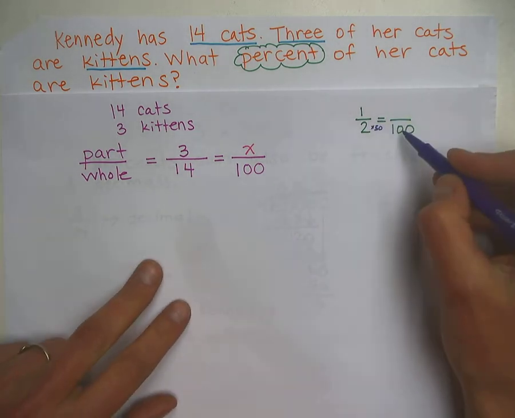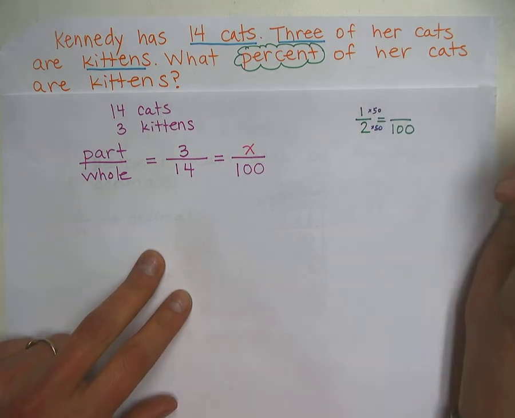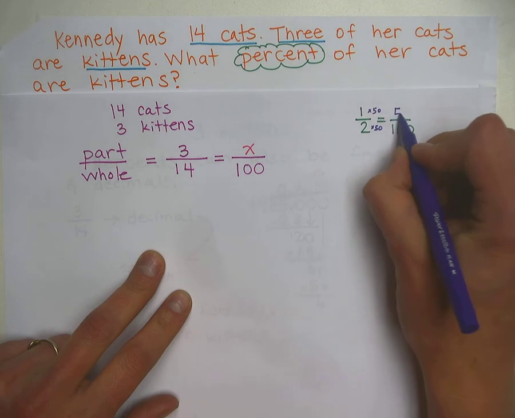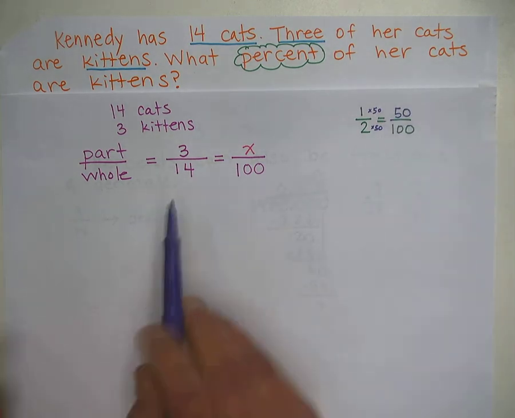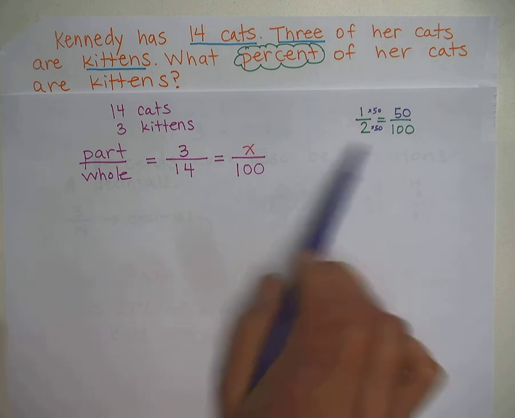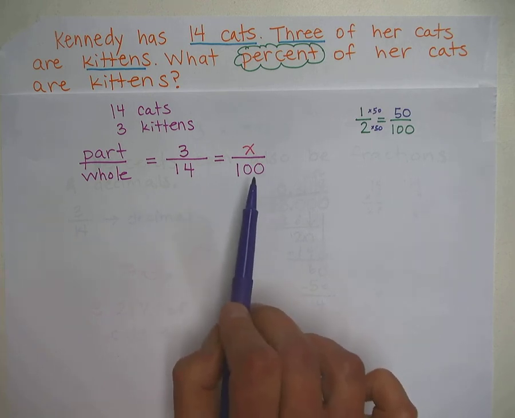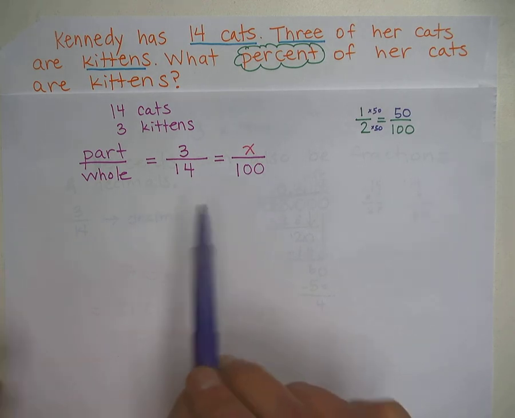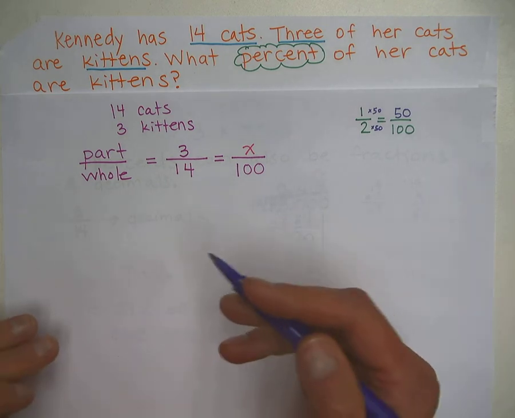So if 2 times 50 equals 100, I have to multiply the top by 50 as well, and that's 50. So that ends up being your answer right there, 50. But in this situation, it's not that nice. You can't just say 14 times something equals 100, because 14 times a whole number doesn't equal 100. It's going to be a decimal.